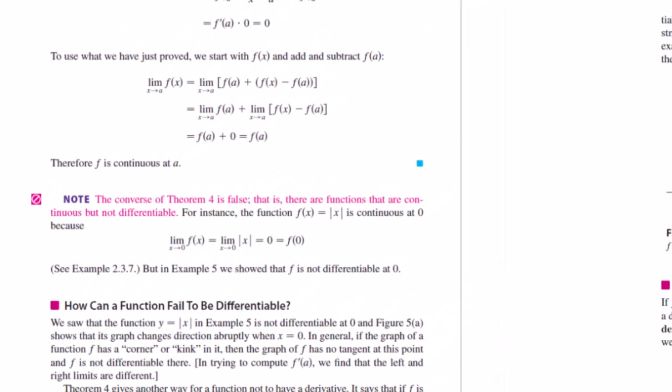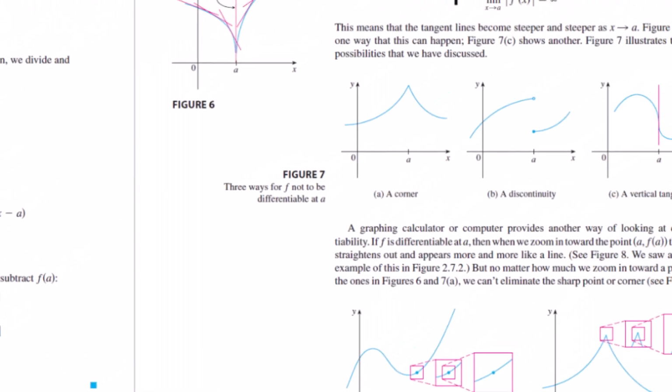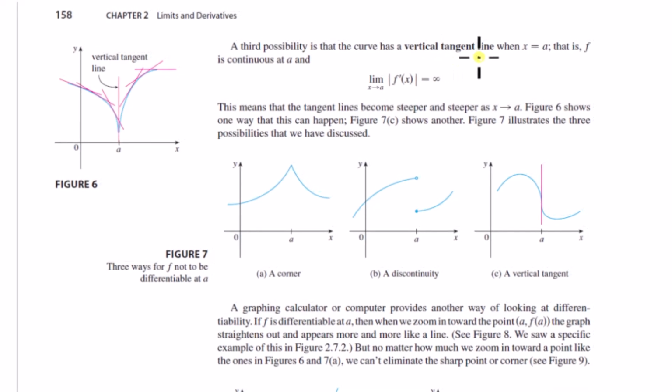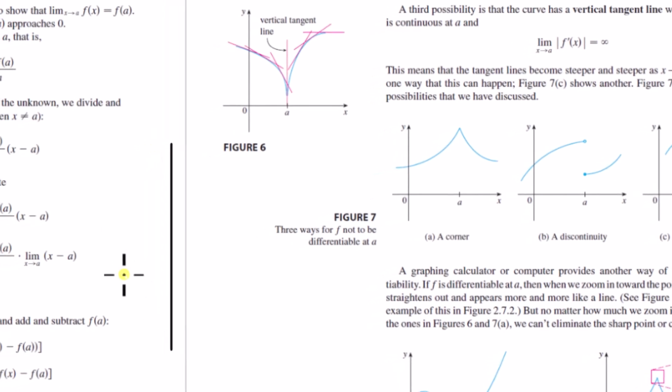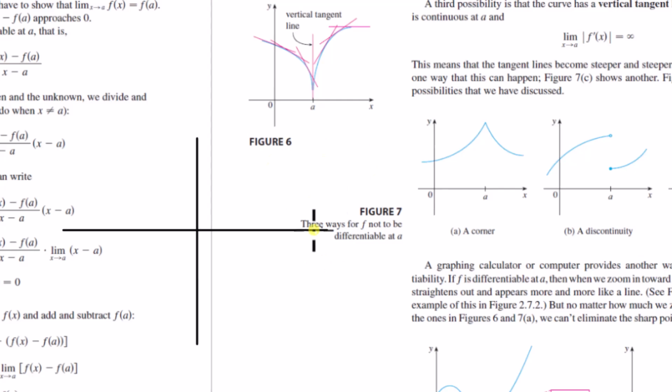Okay, now a third possibility is that the curve has a vertical tangent line when x is equal to a. That is, the function is continuous at a. We haven't talked about this yet, so you could have a case like this, where let's say you have a corner here, something like this.